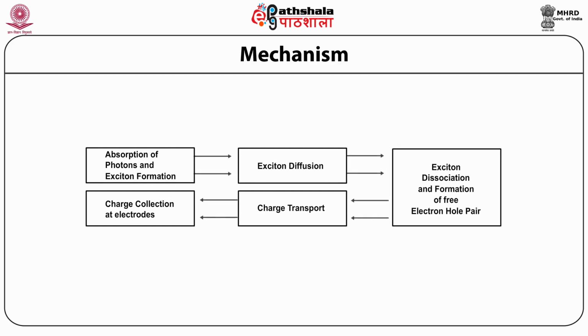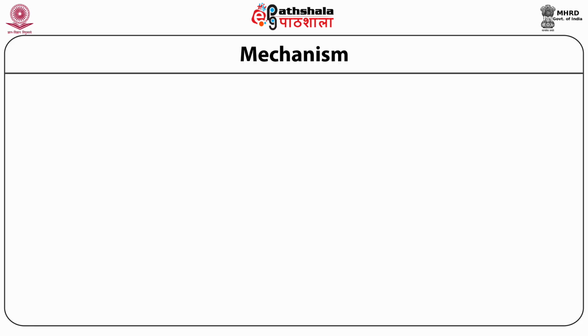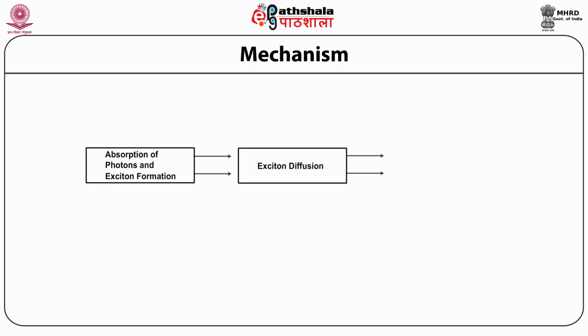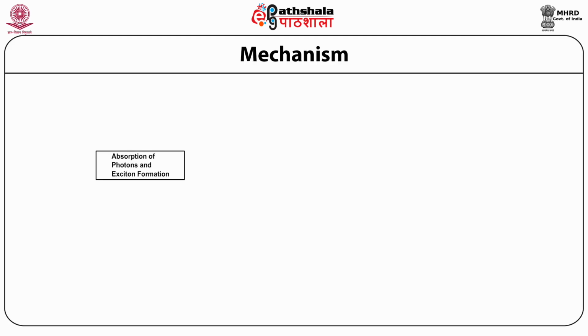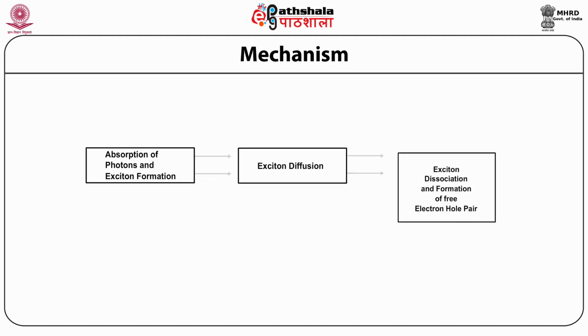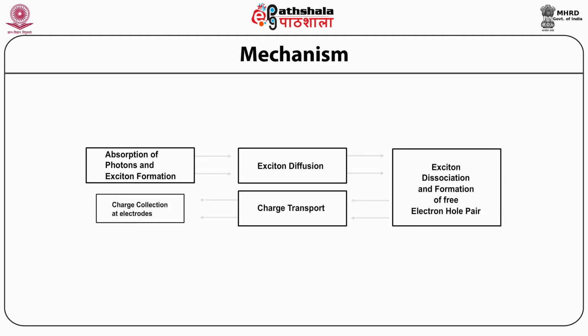Thus, to minimize the probability of recombination, we want exciton generation to occur close to the dissociation sites. Sharp potential drop at the organic-organic interface forms an ideal dissociation site.